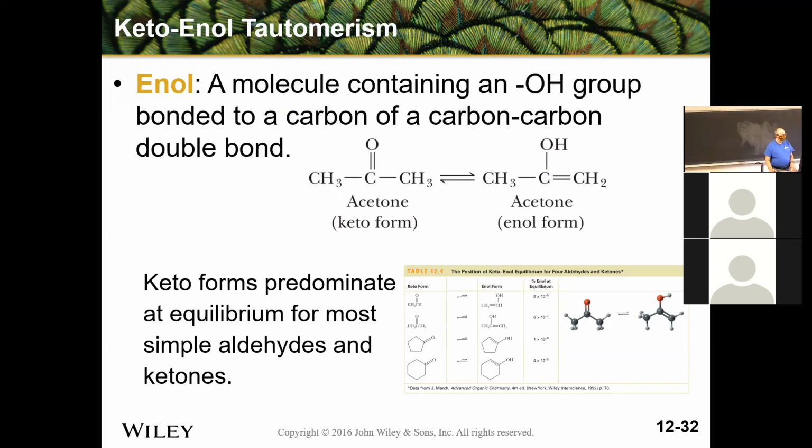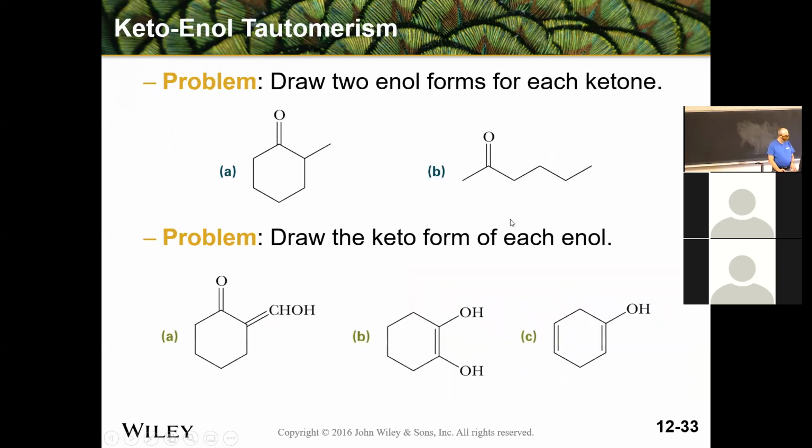These are not resonance structures because the hydrogen has been moved. So here, we can have 2 enol forms. This one, and then there's this one.